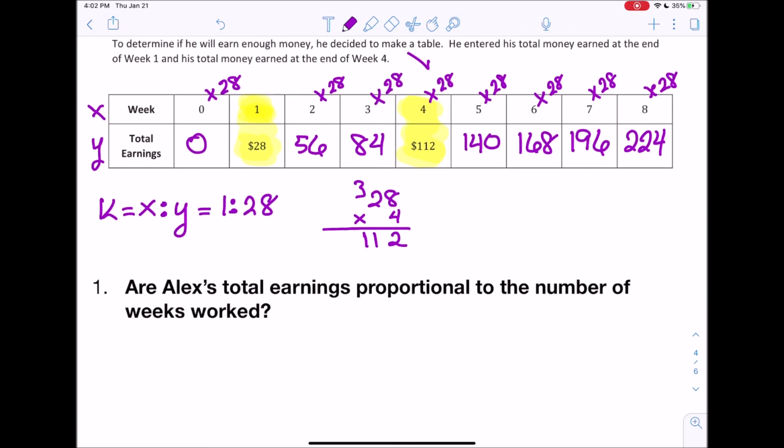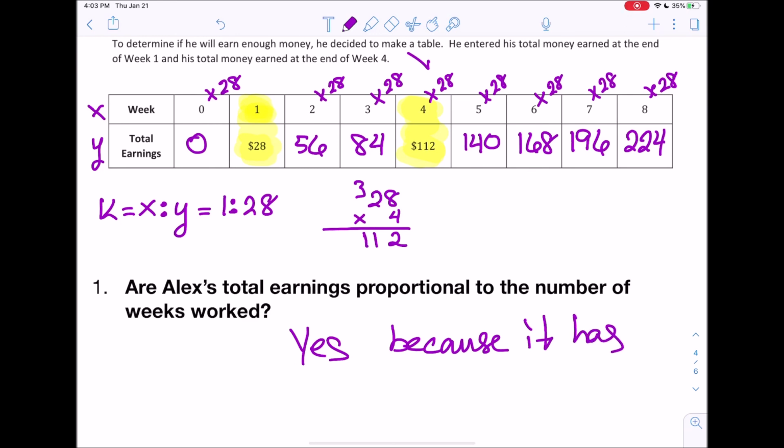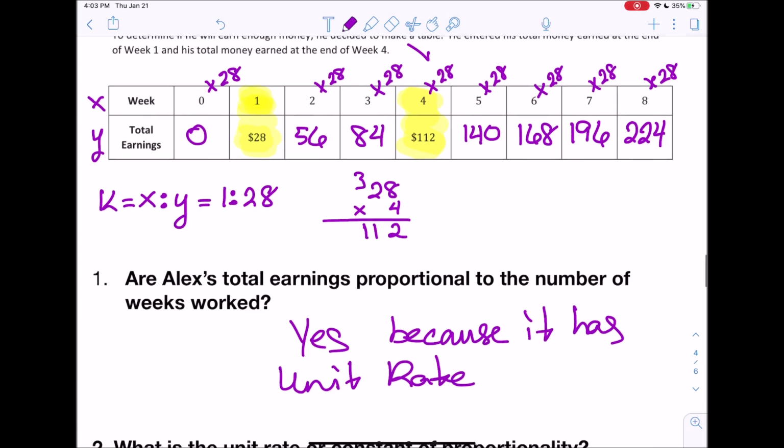All right, so are Alex's total earnings proportional to the number of weeks worked? Yes. And how do we know? Because it has the unit rate. And if it has a unit rate, you know it's proportional.